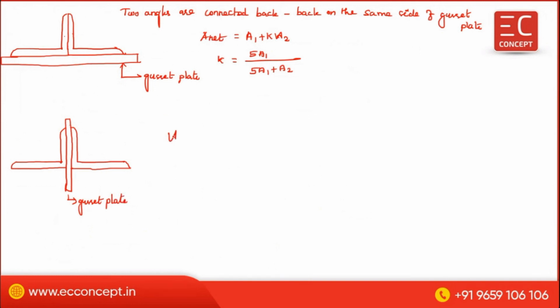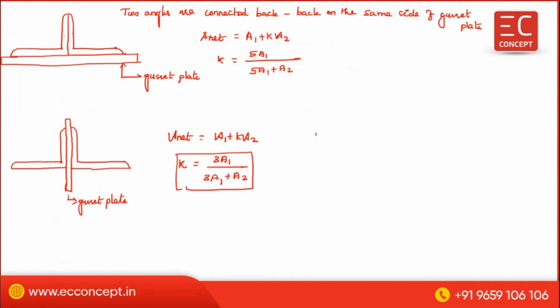And here, A net is equal to A1 plus K into A2. Here, K is equal to 3A1 divided by 3A1 plus A2. So this is the K formula.